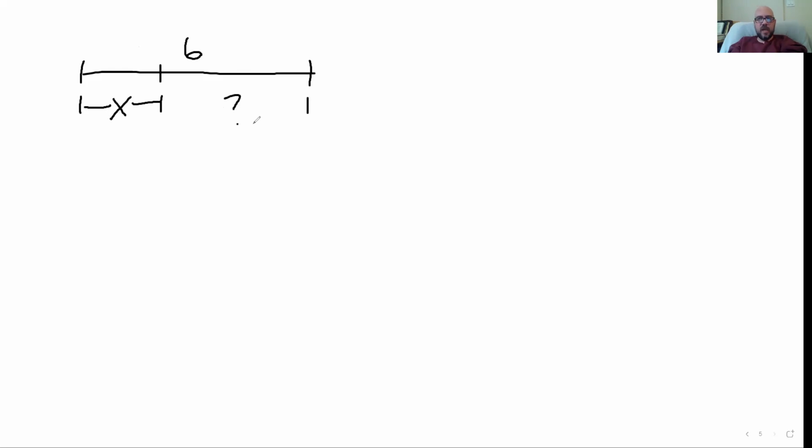I don't know what that is right now, so I'm just going to call it y for a second. We're actually going to come up with a different and better name for it in just a second. But I know that x plus y is 6. The length of x plus the length of y has to be 6 feet, because the board was 6 feet.